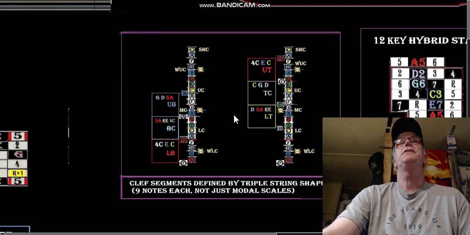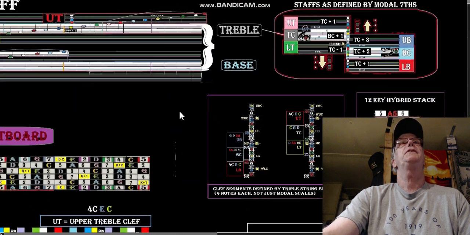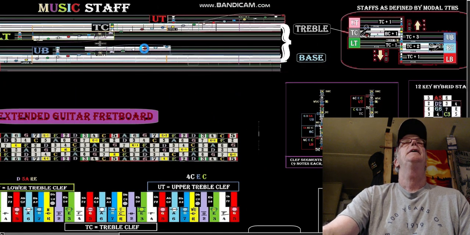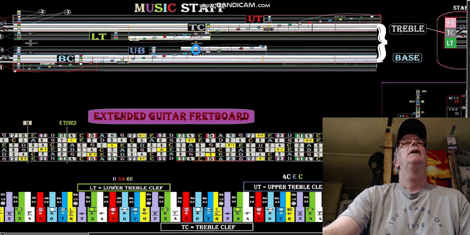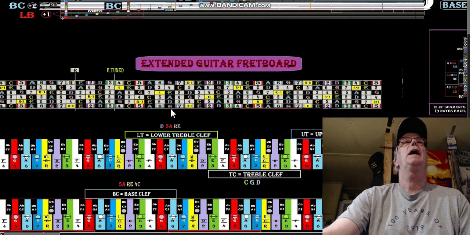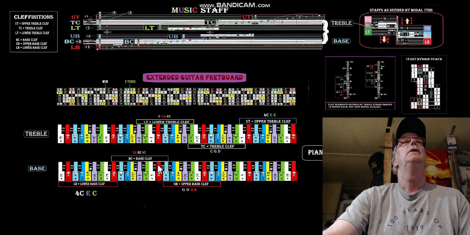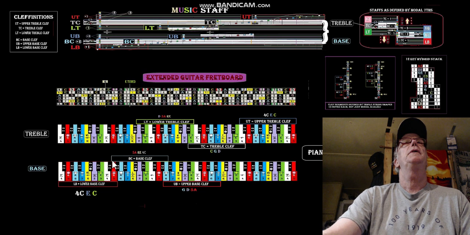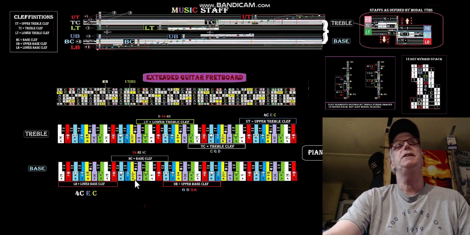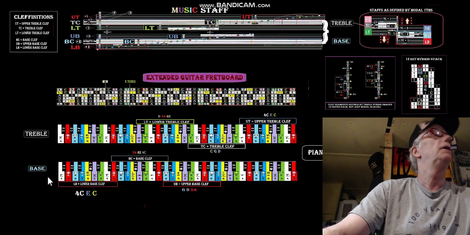So my first attempt where I said, oh, I fit this thing properly. Yeah, I did this right. Let's look at what we got here. I actually split the keyboard into 2. Now we have lower bass clef down here. In bass, this is the same set of keys that we're working with here.